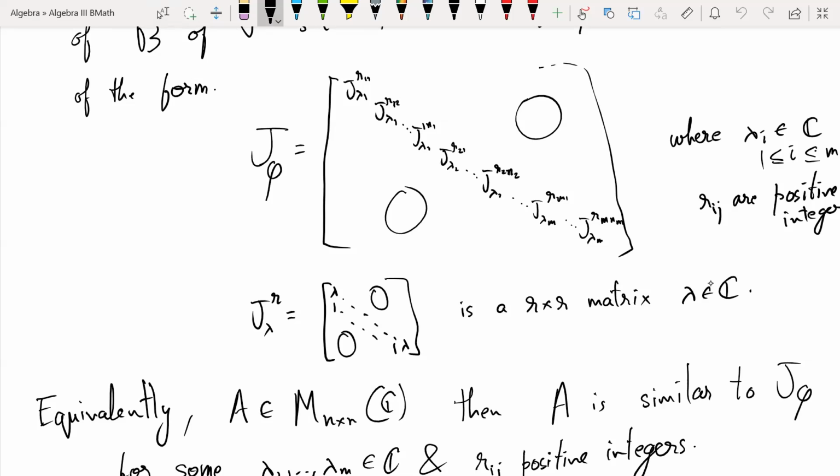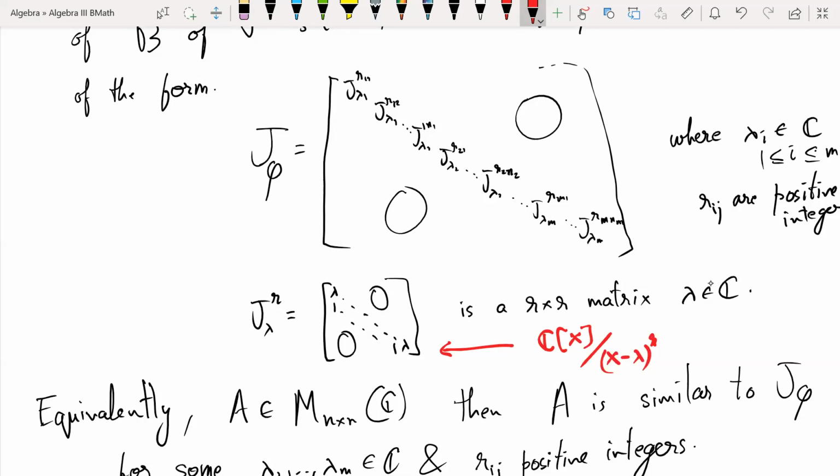So this one will correspond to C[x] mod, which factor, what should be in the denominator? x minus lambda, whole power r. Here it will be x minus lambda 1, whole power r.